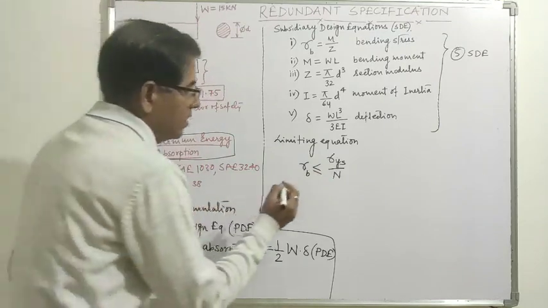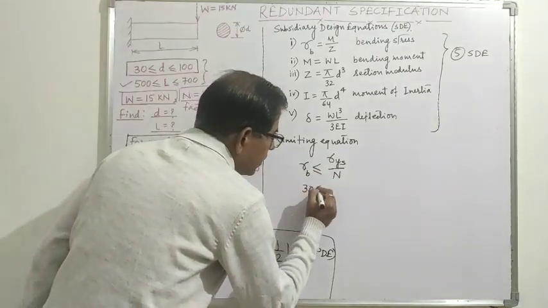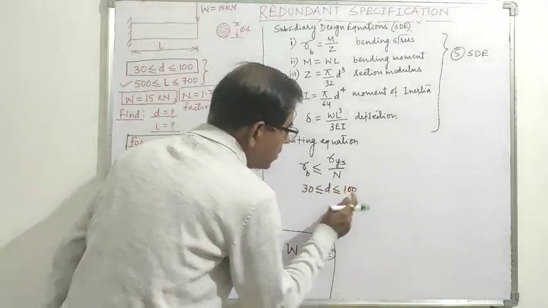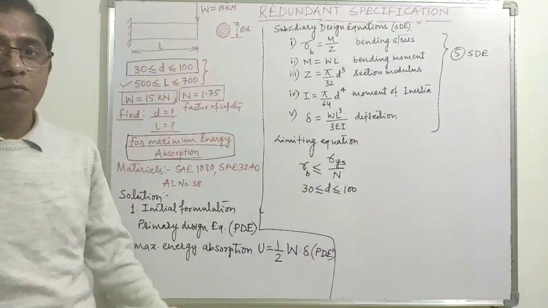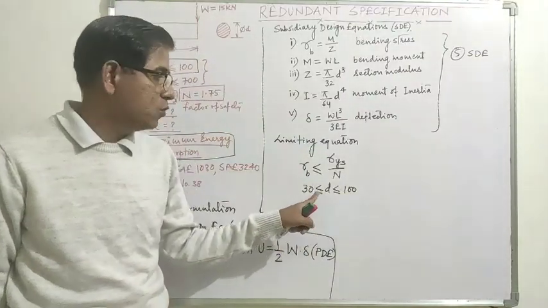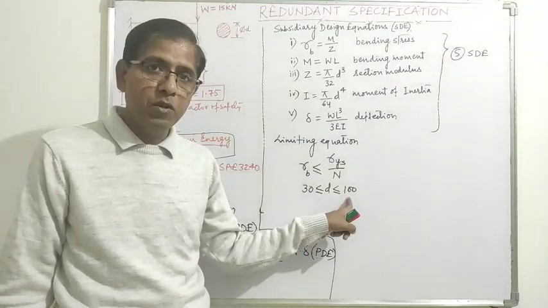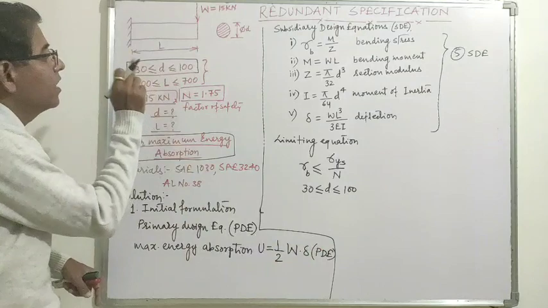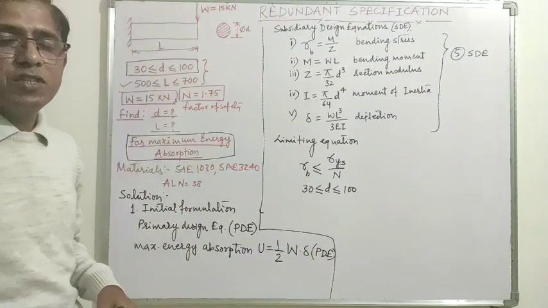The second one is 30 less than D less than 100. This is also a limiting equation because the constraint is imposed on the diameter of the shaft. It should be between 30 mm and 100 mm. Similarly, a constraint is imposed on the length of the shaft.